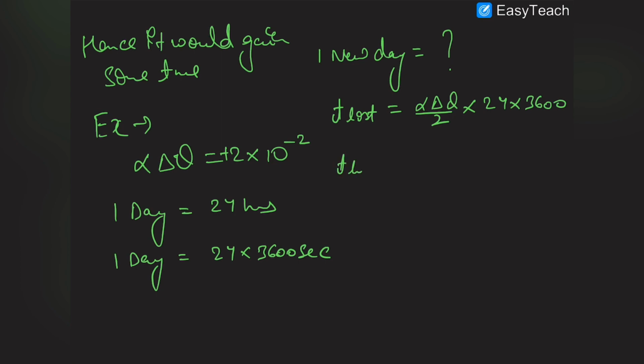So T lost will be equal to 10 to the power minus 2 into 24 into 3600, and T lost is 24 into 36.